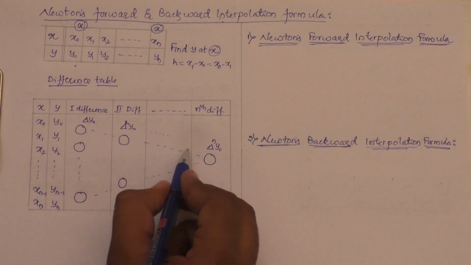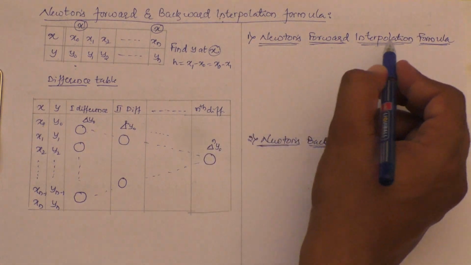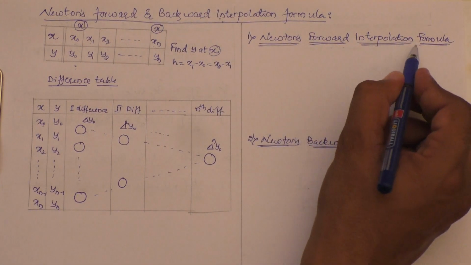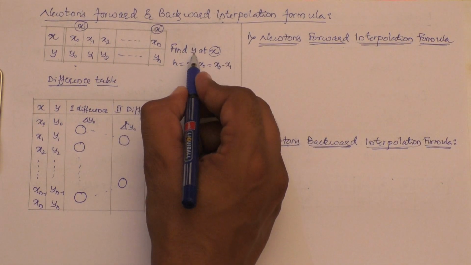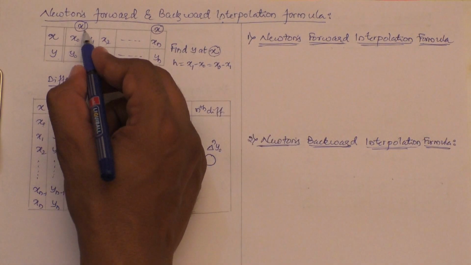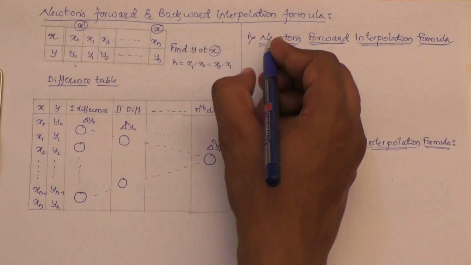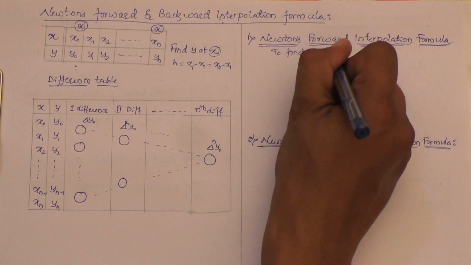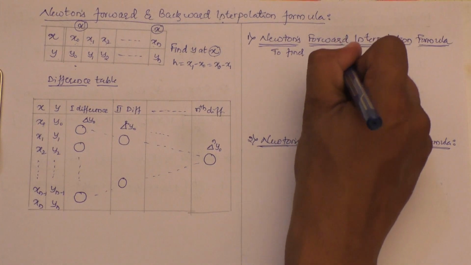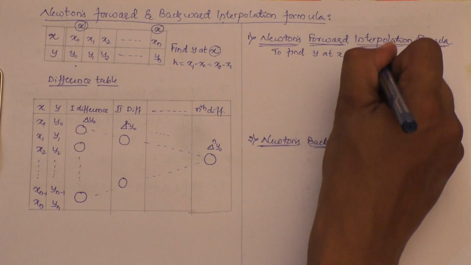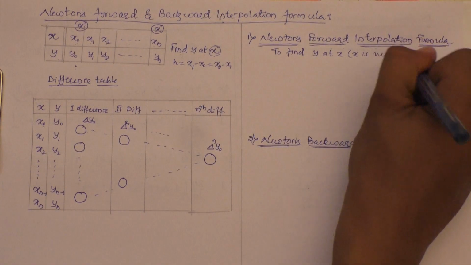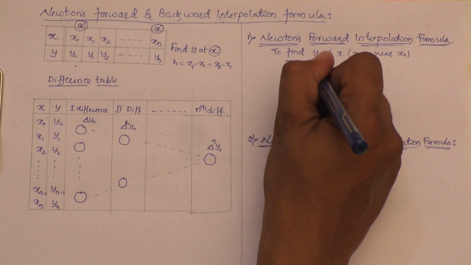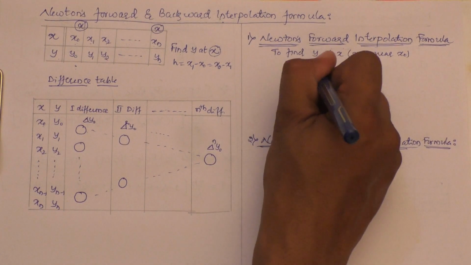These are helpful in the case of Newton's forward interpolation formula, as I have already told. We apply Newton's forward interpolation formula whenever we are finding y at some x where x is near x0. If x is near x0, then calculate the r value. R means (x minus x0) by h.